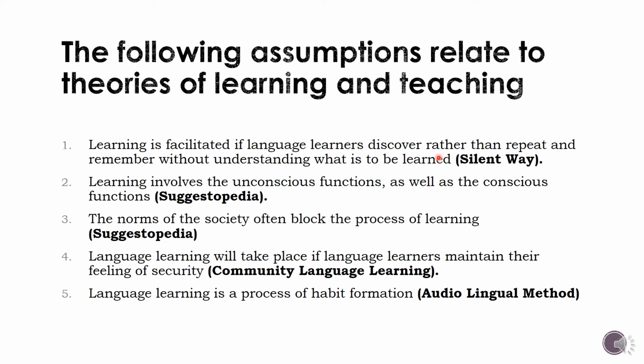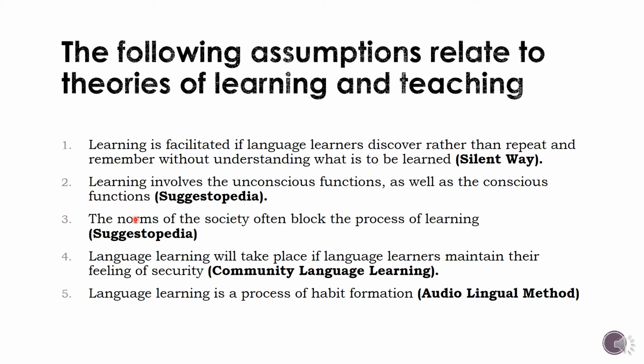According to Suggestopedia, learning involves the unconscious functions. Here, I would like to refer to it as subconscious rather than unconscious, as well as the conscious functions. So you can learn with proper knowledge. For example, when you learn in a classroom, you are learning consciously, or you can learn subconsciously.